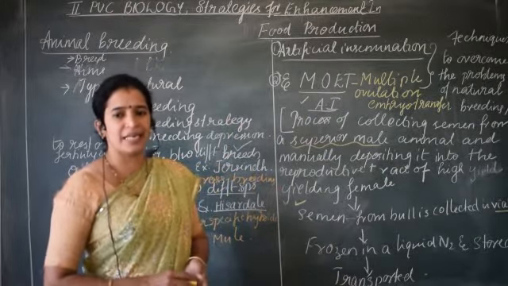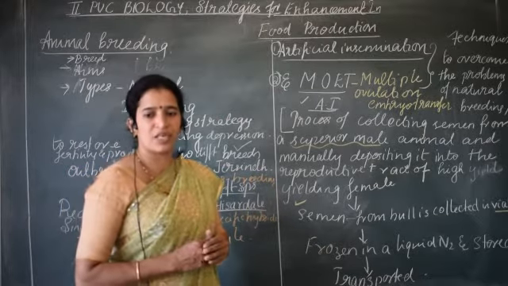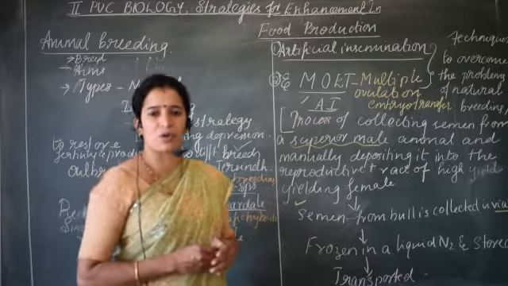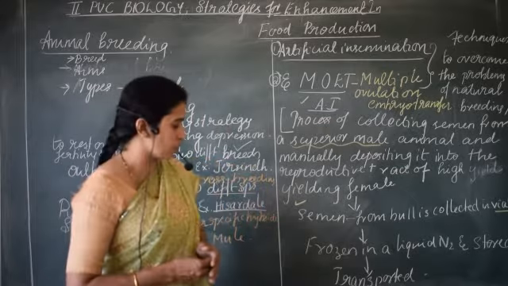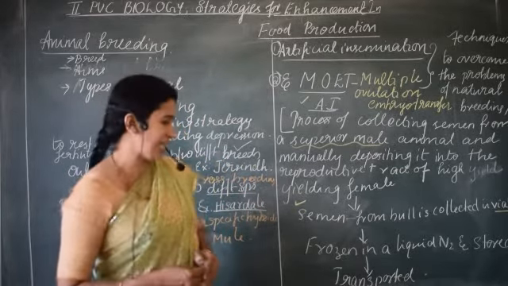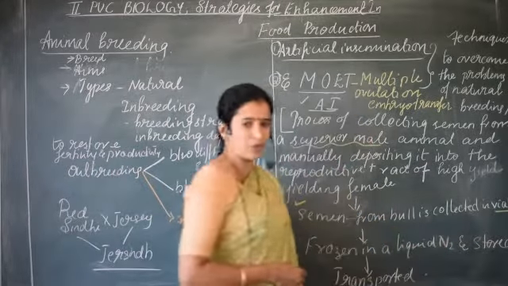It has to be maintained at a particular temperature. You have studied in human reproduction the function of the scrotum, so relate that concept here also. They have to be frozen in liquid nitrogen and stored to make it functional.